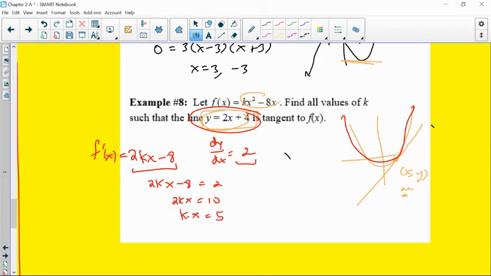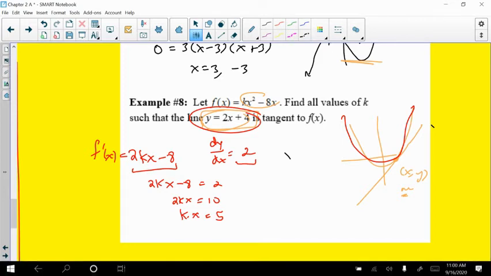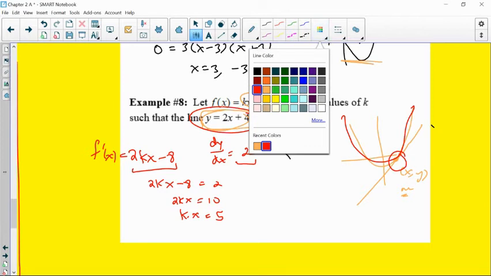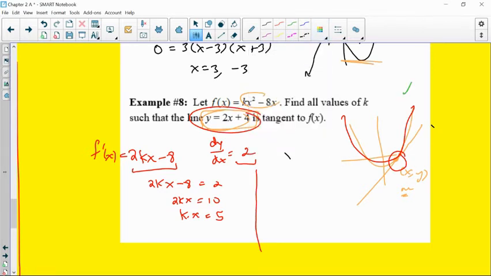Now, I need to find k, but the problem is I don't know x. So that's where I need that second equation. So I also know that at that point of intersection of that tangent line, they're going to share the same xy coordinate. So kx squared minus 8x has to equal 2x plus 4, right? At that instant, at that moment in time.